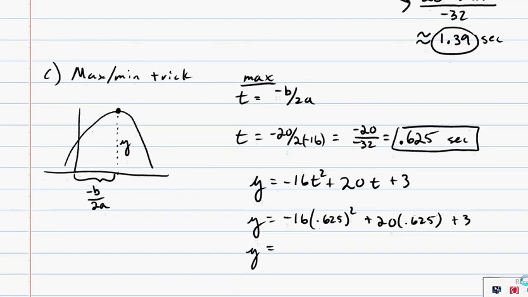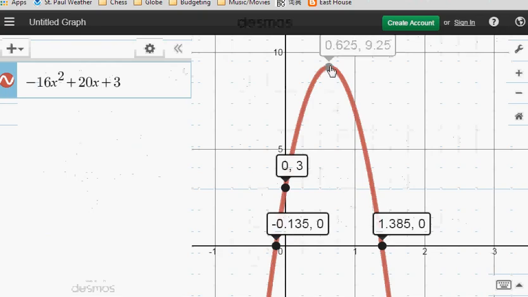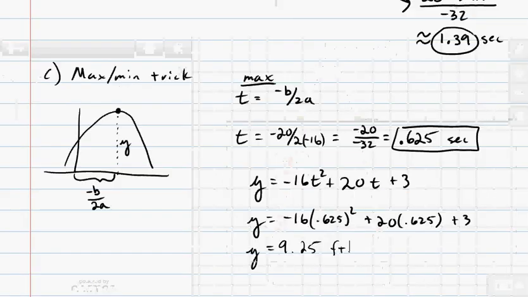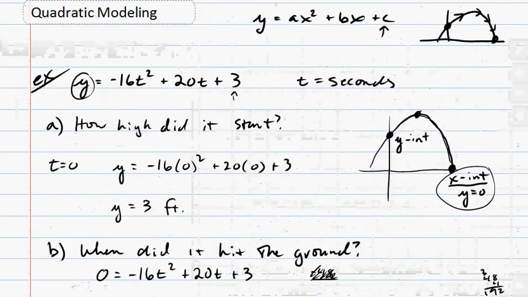Okay, now working on this on a calculator, I got 9.25. So just double check, make sure that you could find 9.25 if you put it in a calculator. Now double checking on decimals, I got 9.25 and it's 0.625 over. Okay, so that is a projectile.